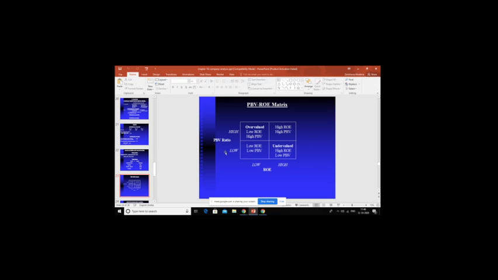Return on equity versus price book value ratio.